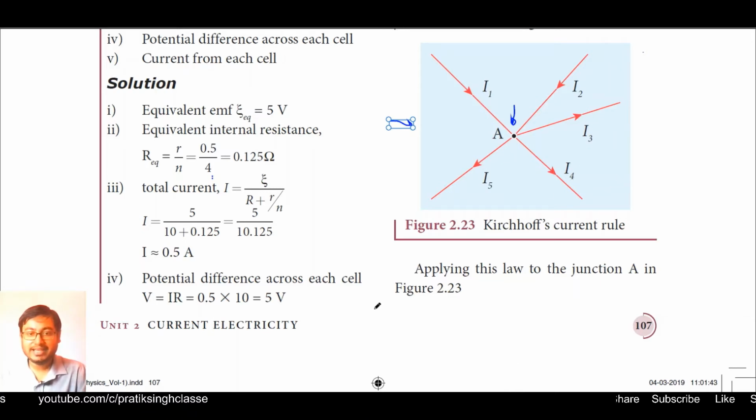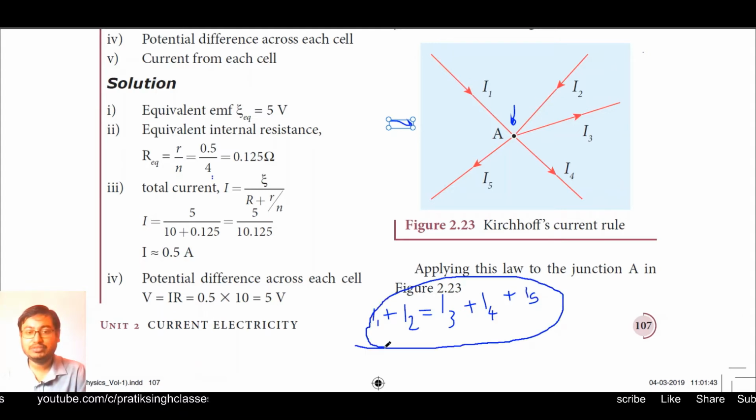So we can write I1 plus I2 is equal to I3 plus I4 plus I5. Just rearrange this equation and you will get I1 plus I2 minus I3 minus I4 minus I5 is equal to 0. So that is the 0 magnitude at the center or at the junction.